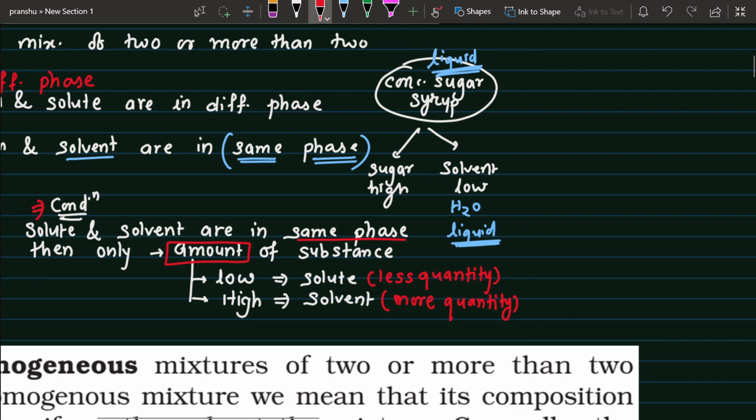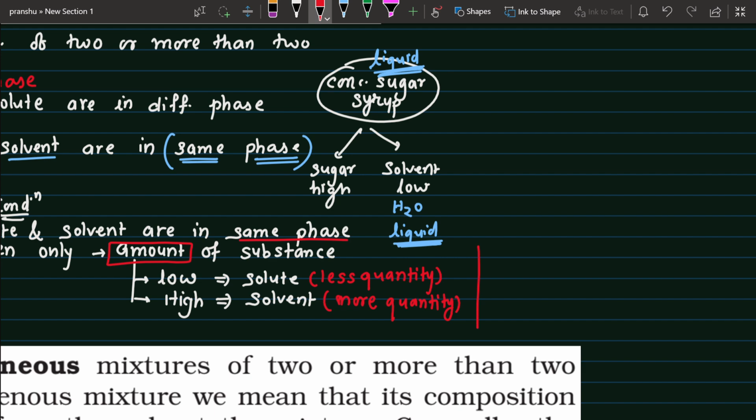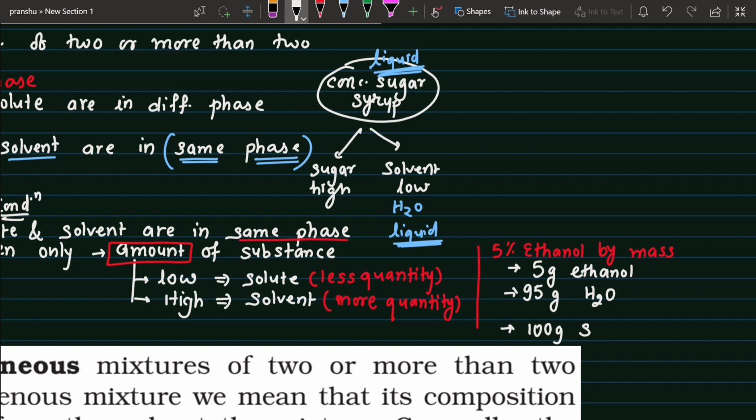For example, if we say I have 5% ethanol by mass, it means I have 5 gram ethanol and 95 gram water, so that the total becomes 100 gram solution.